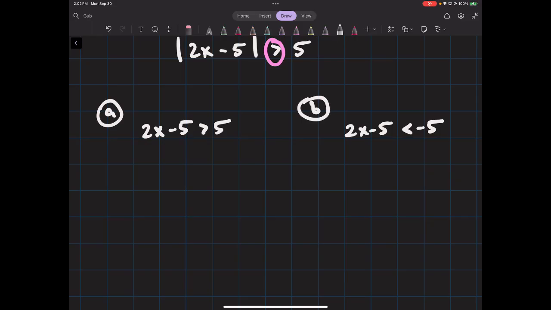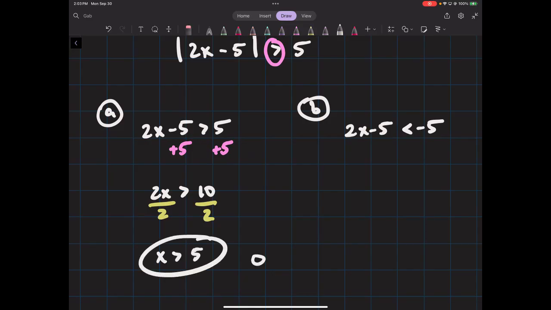So again, your absolute value, you must get it to be by itself first. And then you can go and do all the same stuff, okay? Okay. At the 5, 2x greater than 10. And then divide by 2. And you're just back at 5. Really no point. Or, no, there's a point because you get rid of the 2.